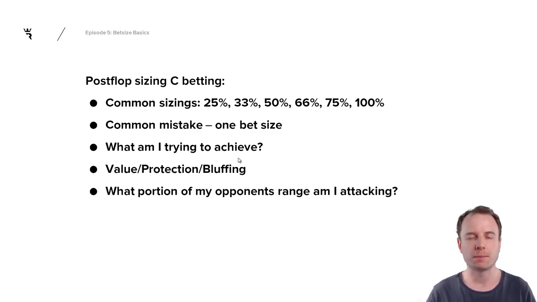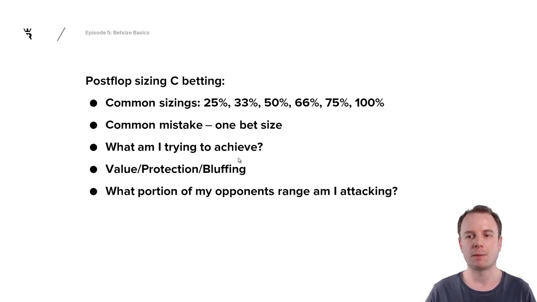You know, if I bet 100% pot, say he's going to call 10% of his range. But if I bet 2/3 pot, he's going to call with 50% of his range. Well, in general, it's going to be better to bet the 2/3 pot because you get called way more often, and the gains that you make by betting 100% pot aren't going to be worth it. So those are the kind of things that you need to be thinking about.